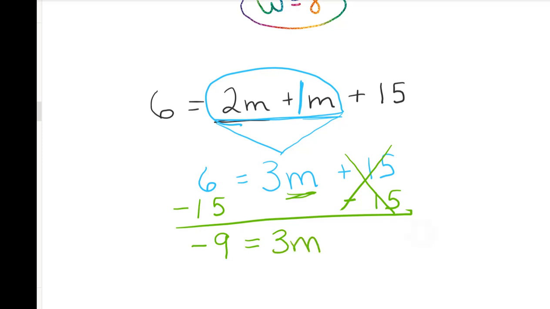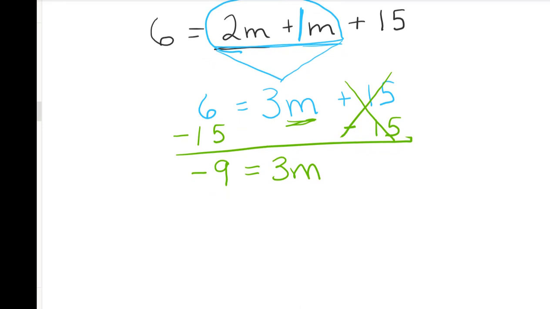Our last step: 3m means multiply. The opposite of multiply is divide. Cancel. I have m equals negative 3. It's negative because 9 had the negative. If there's one negative sign when you're dividing, your answer is negative.